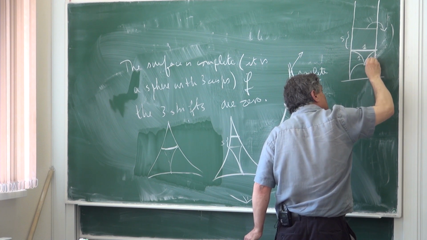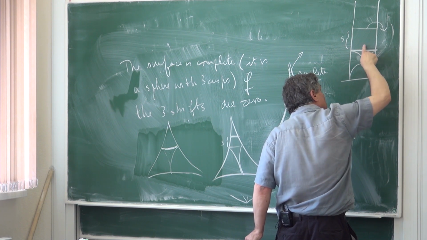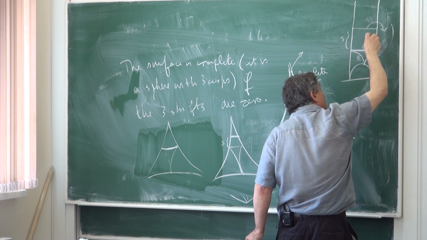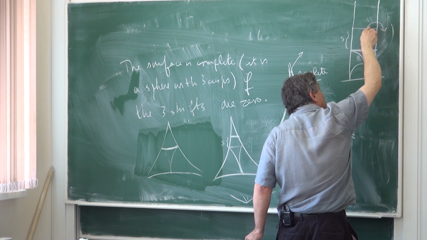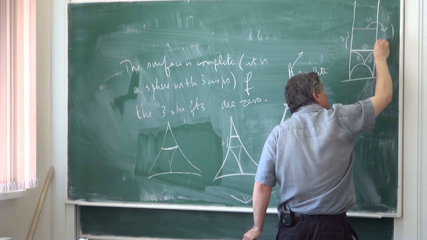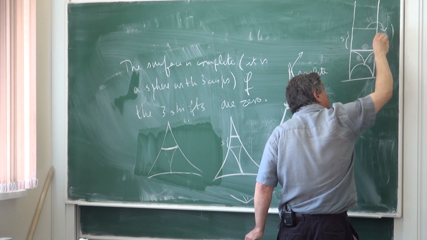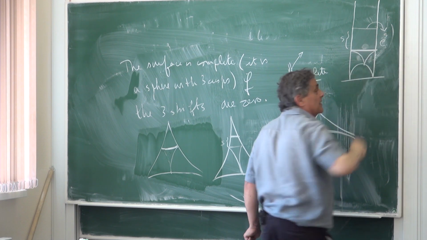We don't need this. What we need is that this length here is e to the minus s times this length here.